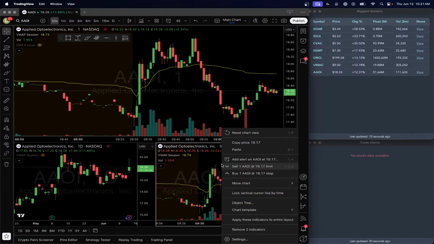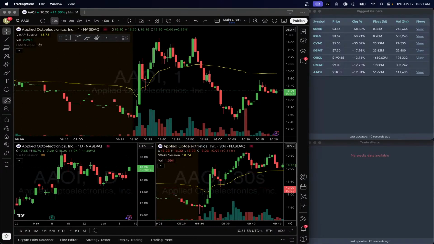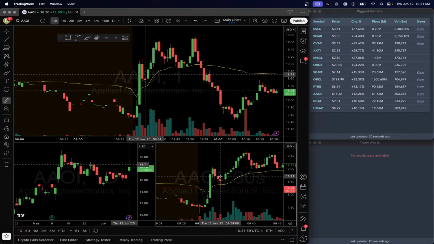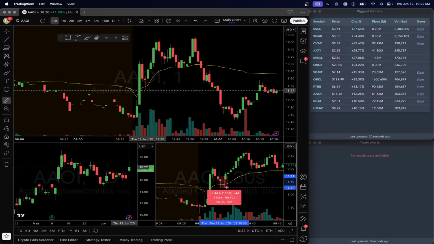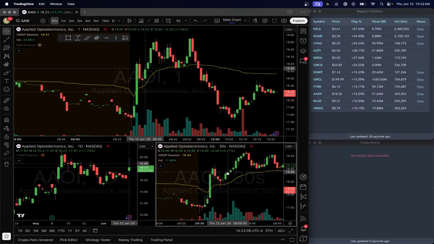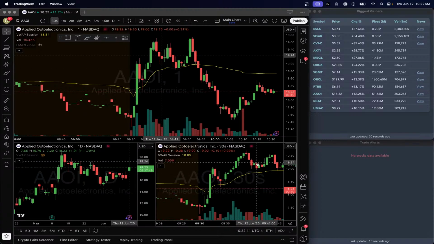We had a hammer, a touch of the VWAP, a break of that, risk 40 cents. It starts trading up and you probably made yourself 50 cents. Definitely worth it. I just didn't do it. I was too busy with RSLS.